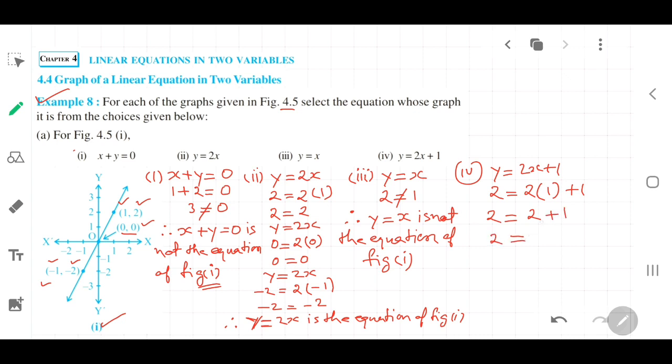So 2 is equal to 2 plus 1, that is 3. Are they equal? No, they are not equal. Correct? If the first coordinate is not satisfying this equation, so directly you can write, therefore y equal twice x plus 1 is not the equation. Correct? Not the equation of figure 1.